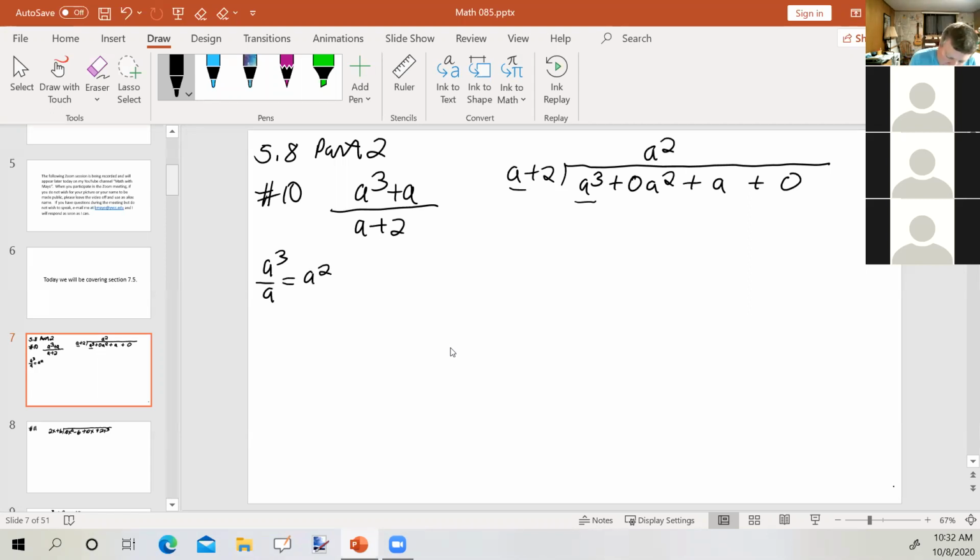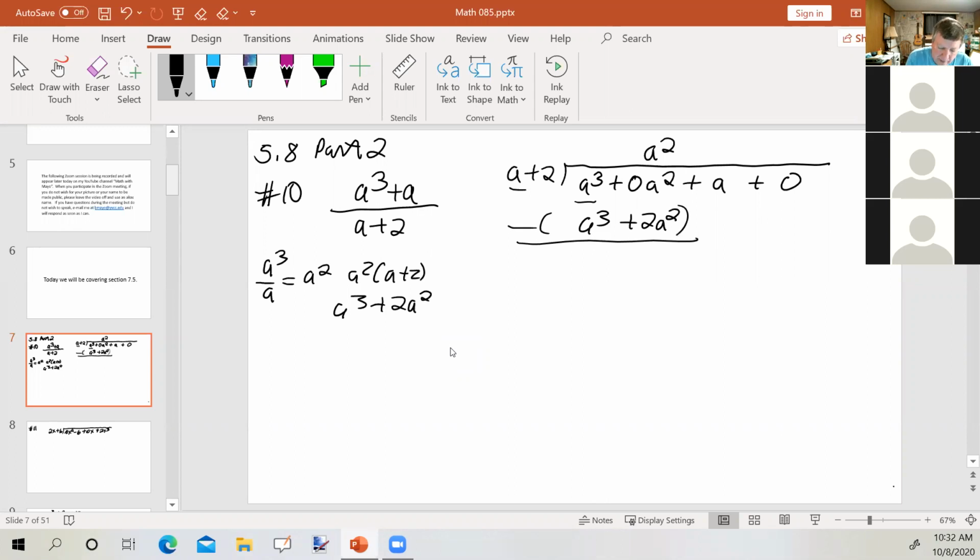Then I'm going to take the result, the a squared, and multiply it by a plus 2, which is a cubed plus 2a squared. I am then going to subtract that quantity from what's up above, but I'm going to change it to addition of the opposite.